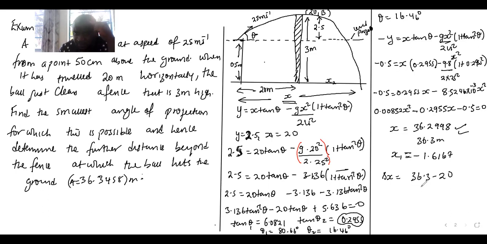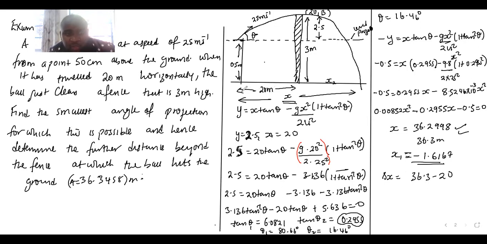Yes, I was saying the negative cannot be the correct answer. Reason being, already we have a positive 20 meters ahead. Negative would mean you're going backwards. And even if you consider it positive, you cannot say it is 1.617.